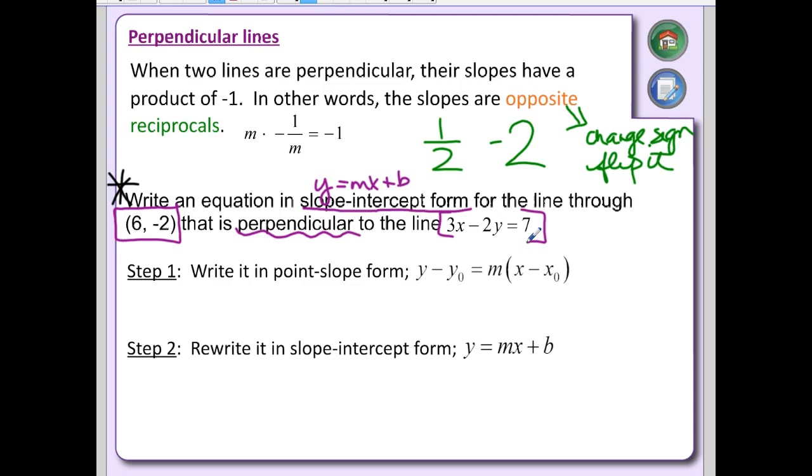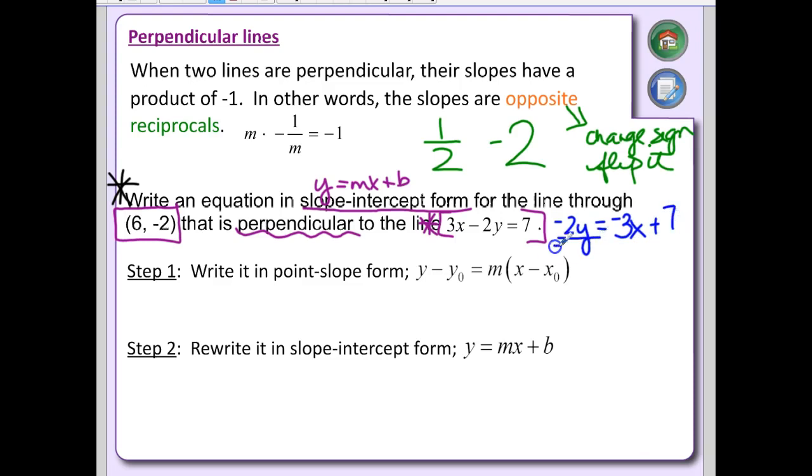So the first thing I have to do is figure out, hey, what's the slope of this line? Well, how do we do that? What's the easiest way to do that? Well, the easiest way to do that is to put this one in slope-intercept form. Let's rearrange the furniture. We've got -2y equals, and again, we're going to move 3x to the other side by subtracting, plus 7.